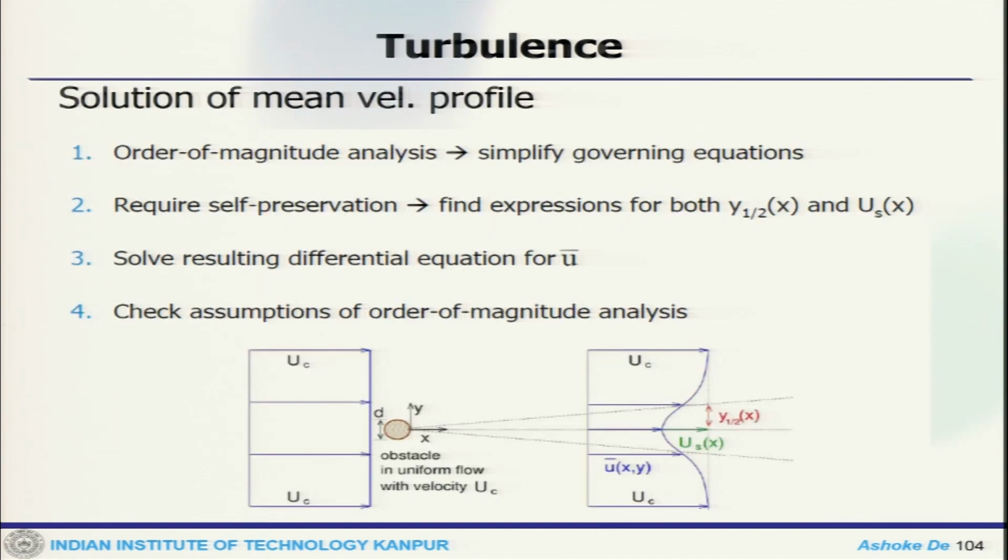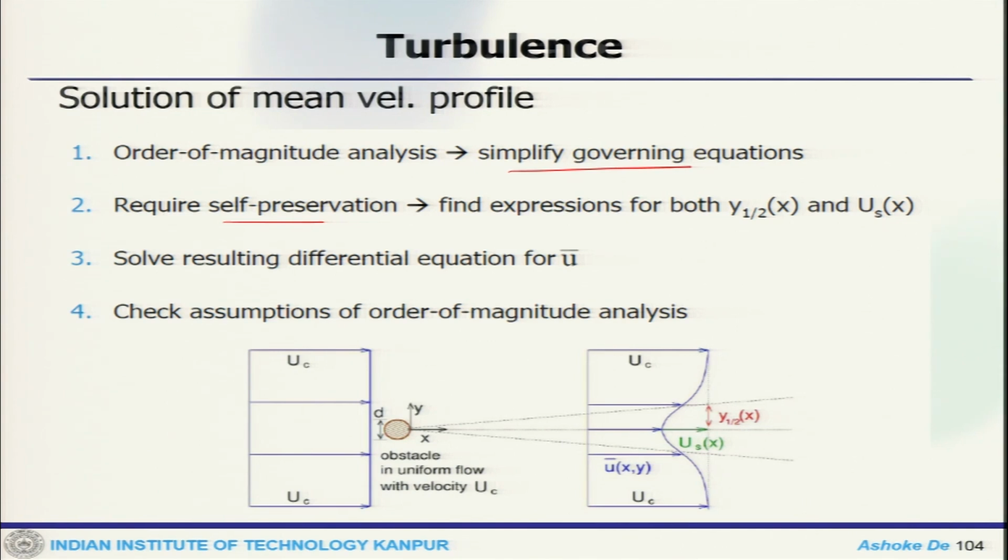So, now we find the solution of the mean velocity profile in the wake. We will again start with order of magnitude analysis and then simplify the governing equations. We find the self-preservation and solve the required equation.